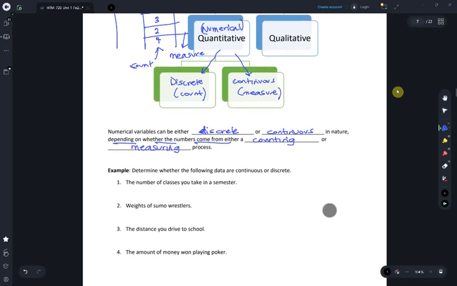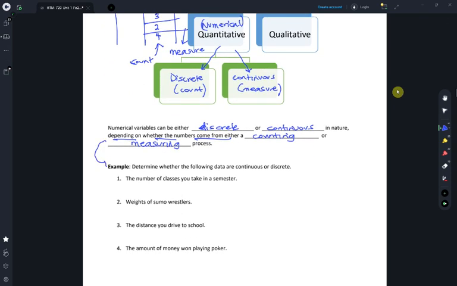Let's test our knowledge on this. So, the number of classes you take in a semester, what do you think? Do you count or do you measure? I would argue that we will be counting. So this is a discrete numerical variable. What about the weights of sumo wrestlers?